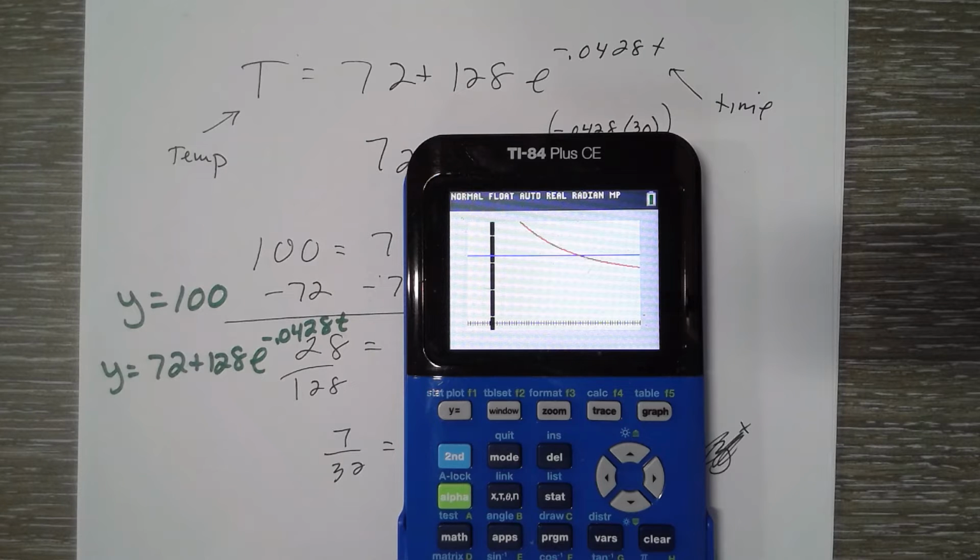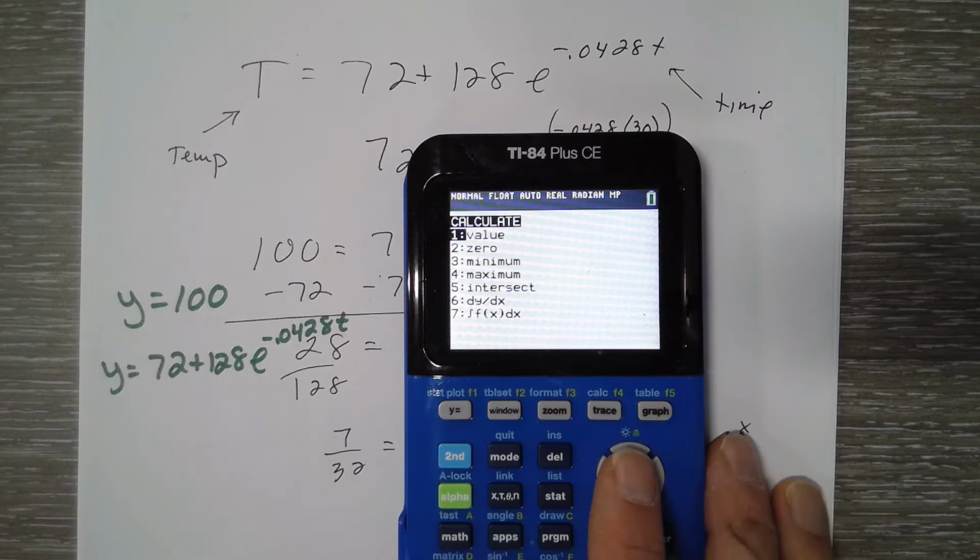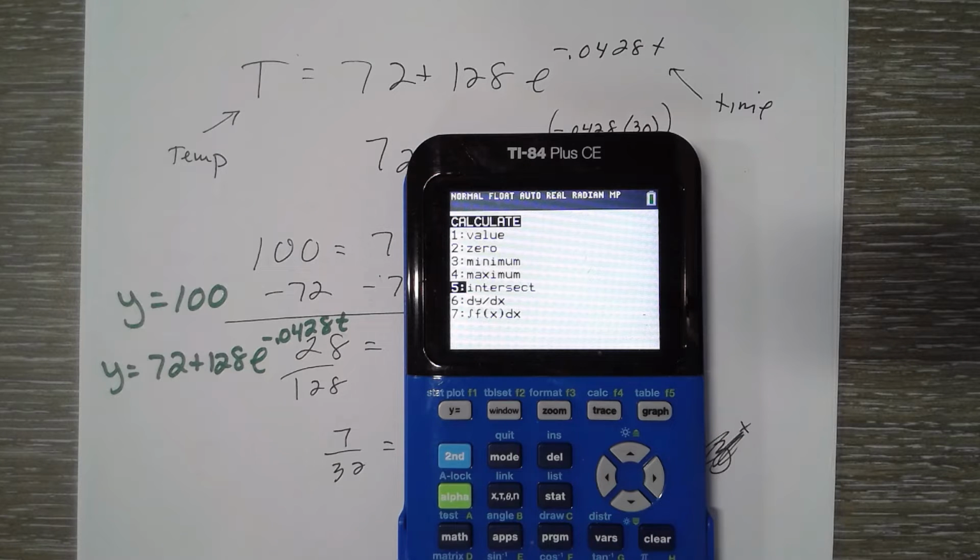Okay, so we want to know when they intersect each other. How do we know how to find intersect? Is trace the best way of doing it? No. Not table. Calculate, intersect. Okay, it asks us first curve.